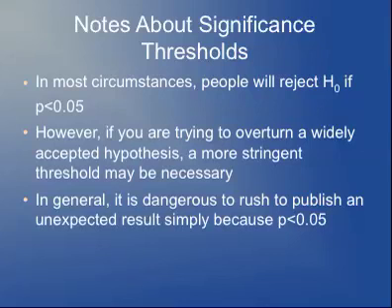But for instance, if you have a drug that could cause a lot of harm, a lot of side effects, and you want to show that it's better than placebo, like a cholesterol drug, and you have a p-value of 0.049, it might not mean as much as with the vitamin C. So that's something to consider when you're testing hypotheses, based on what you're trying to show. Another reason why it's important to show p-values.